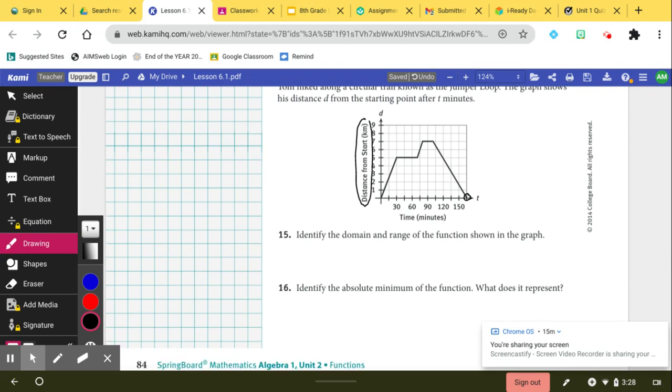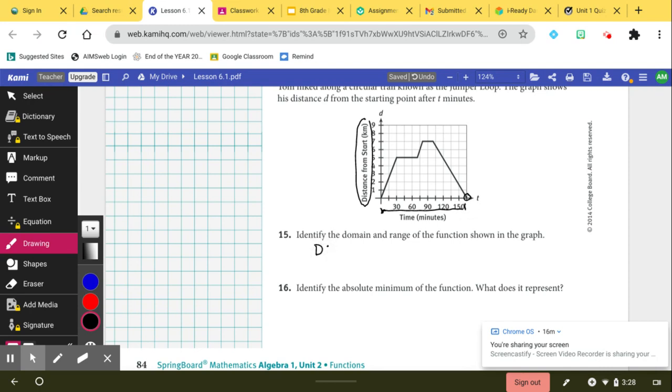So it says identify the domain and range of the function. The domain is my inputs, and that's the time he spends hiking. So he spends 0 minutes hiking all the way up to, what is that? 100 and, so that would be 15, so that'd be 165.